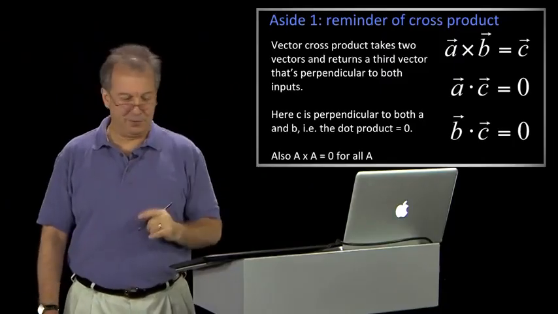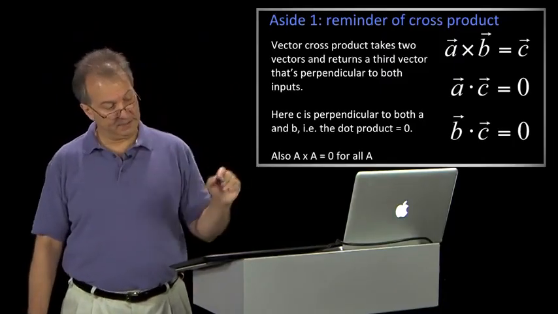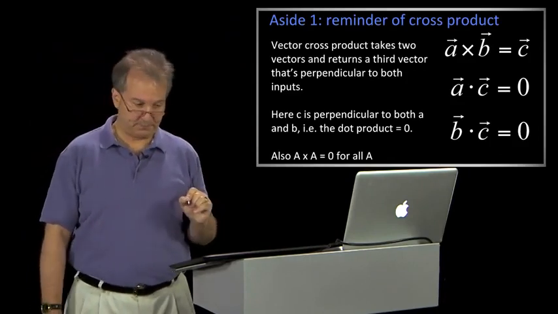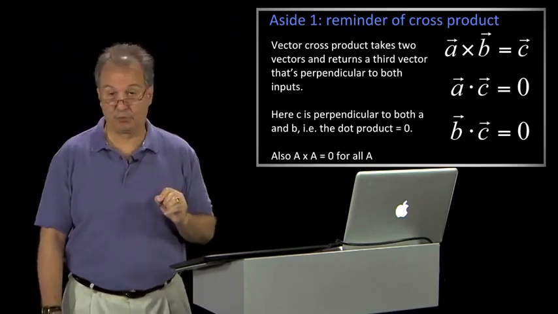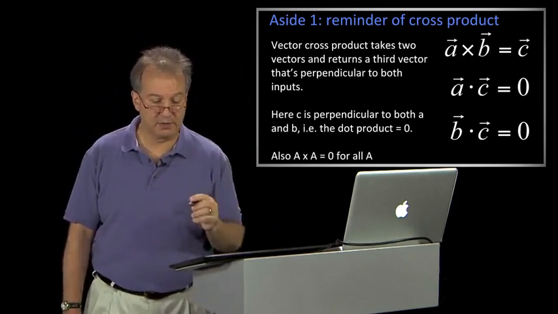Before we make everything beautiful, a couple of reminders. This is the first reminder, or an aside, I should say, and it's about the cross product. The second one's about the cross product too.